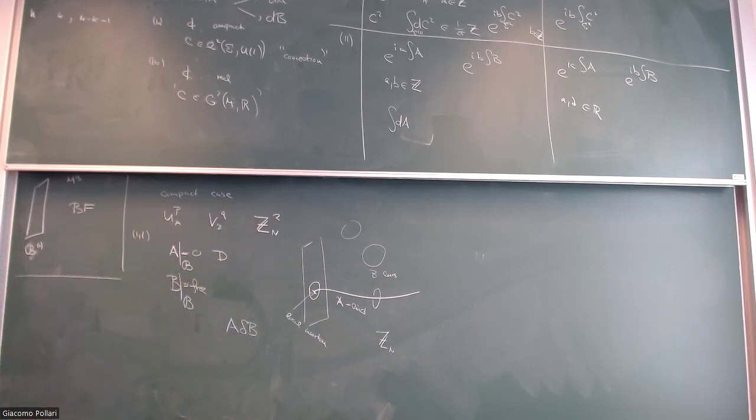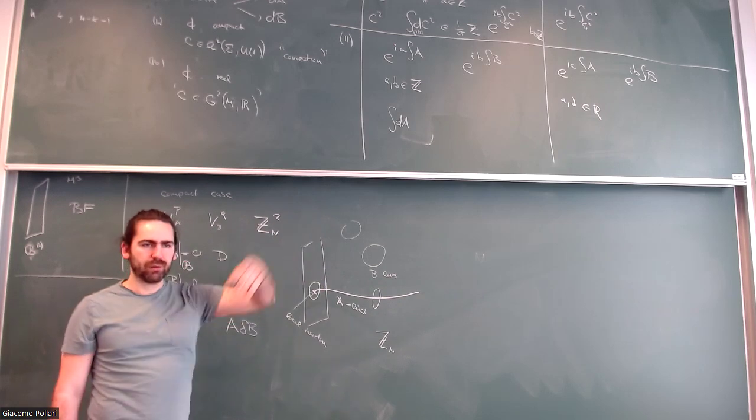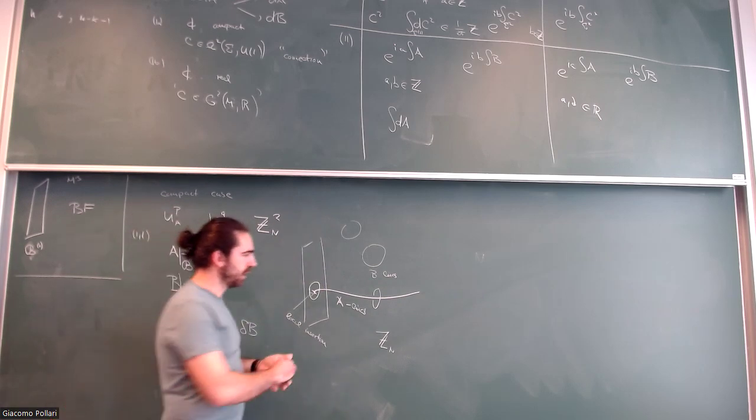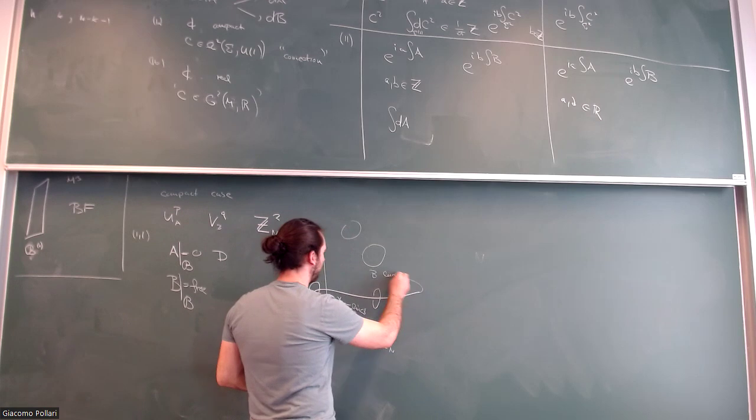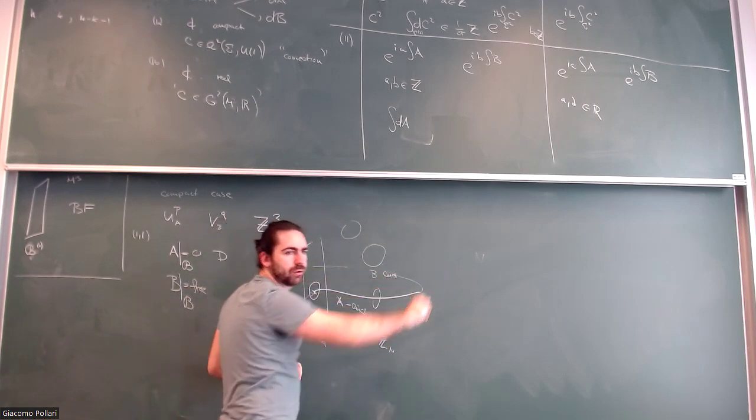Sorry, let's end on the boundary. It can end on the boundary again, or just go to infinity. But here I'm just thinking one boundary. Yeah, you're right, it can come back here for sure, but it can also go to infinity.